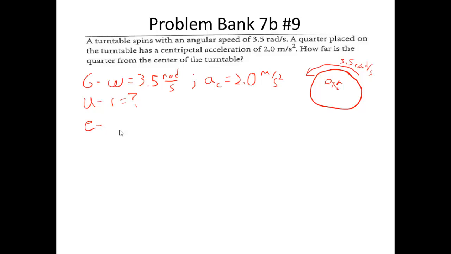Our equation is going to be a sub c is equal to our radius times omega squared. Substituting in 2.0 meters per second squared, divided by 3.5 radians per second squared, equal to our radius.